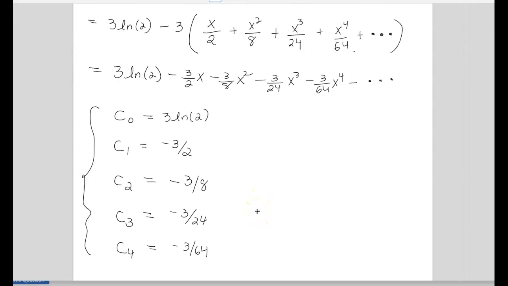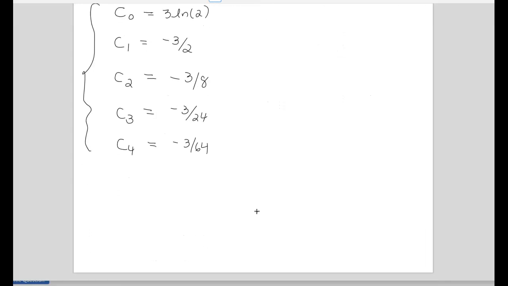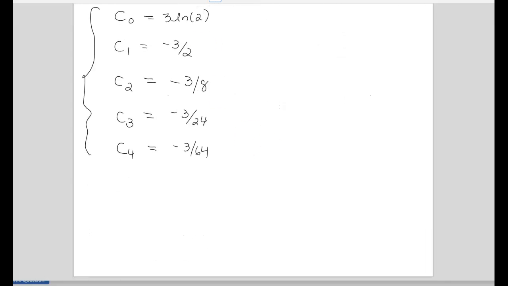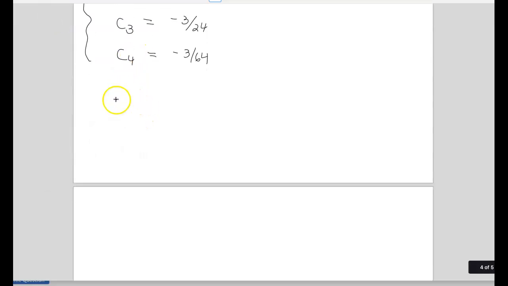And now we want to consider the radius of convergence. If you look at the series, again, it's 3 ln of 2. We can ignore this; it's just a constant being added to the series.